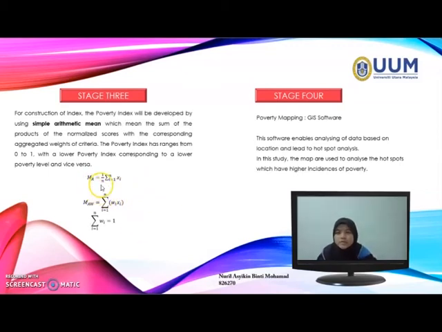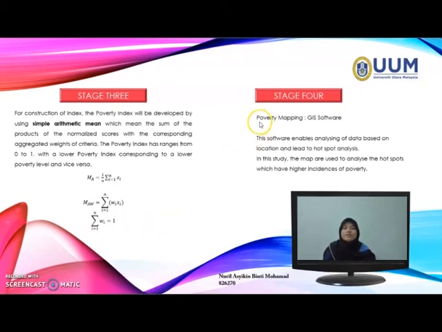MA equals 1 over n times the summation of Si, and we can compute it as the mean arithmetic weight equal to the summation of Wi times Si, and as we know, the sum of Wi equals 1.